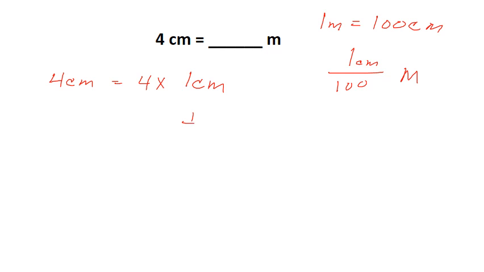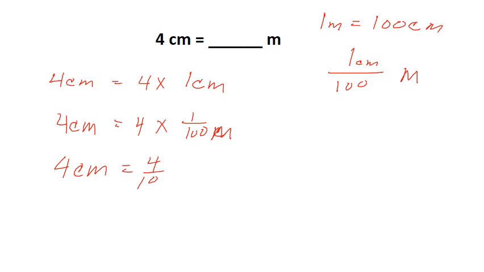So I'm going to replace it with 1/100th meters times 4, which equals 4 centimeters. So 4 centimeters would equal 4/100ths of a meter. And we could also write that as a decimal, because we would put the 4 in the hundredths place. And we have 4/100ths of a meter.